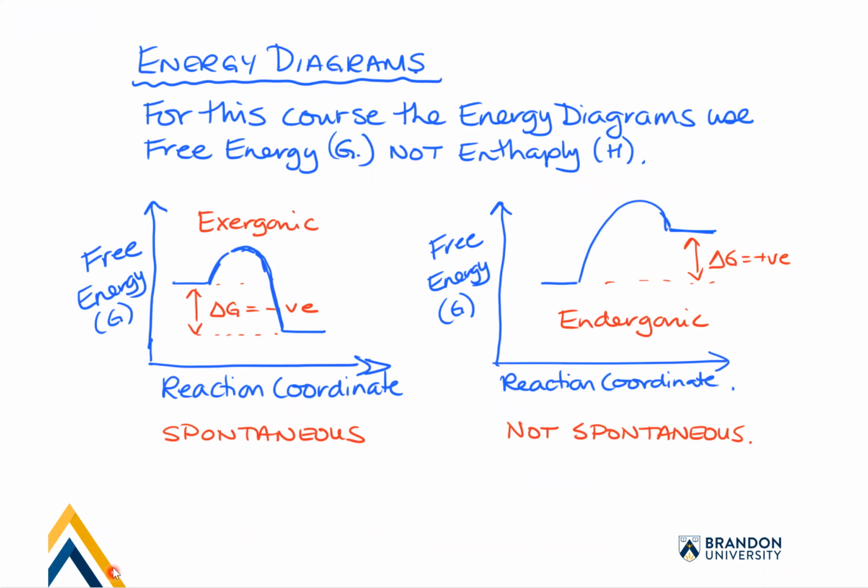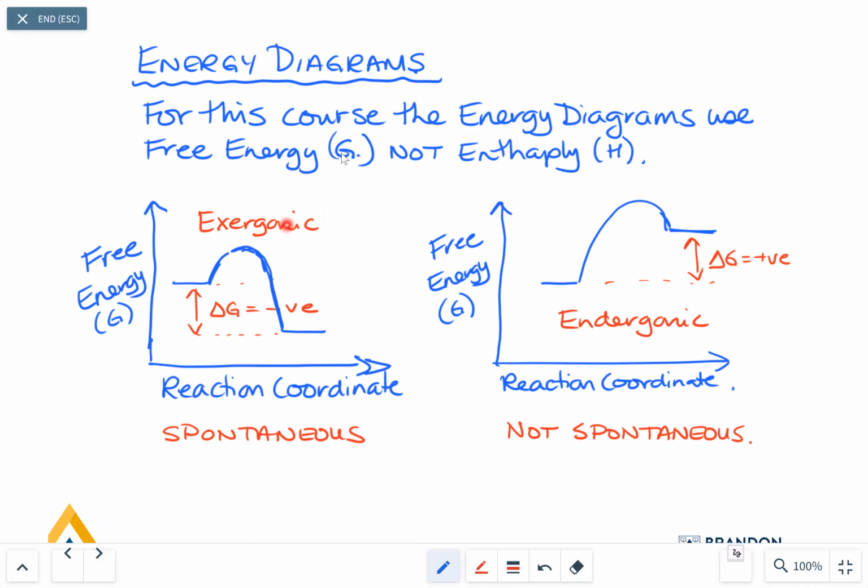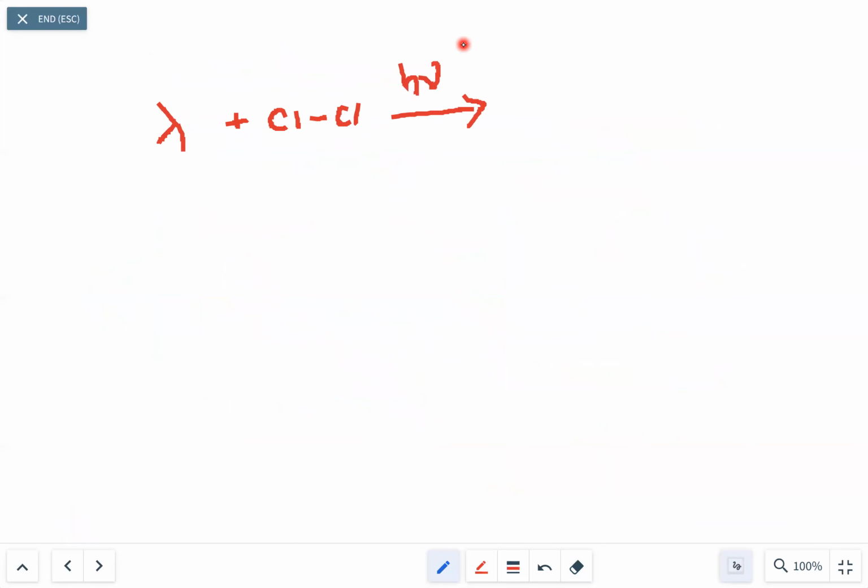So what we're going to use is what we call energy diagrams. And so certain diagrams that are drawn, like in the case of, let's start a new. So when we had our reaction, UV light, and we made, did this radical reaction.